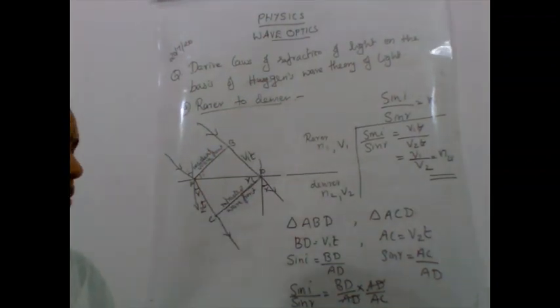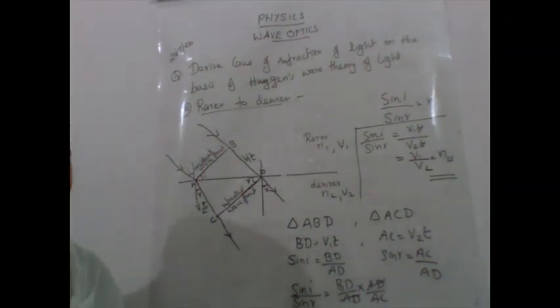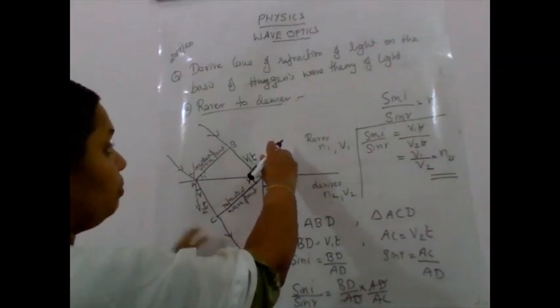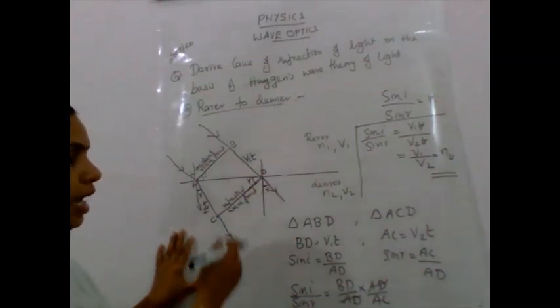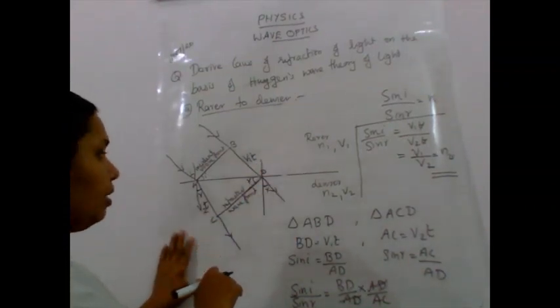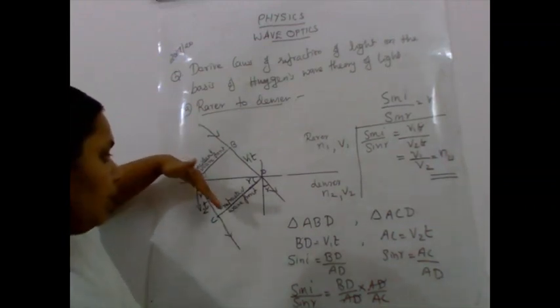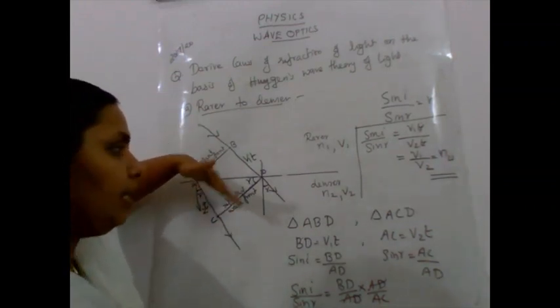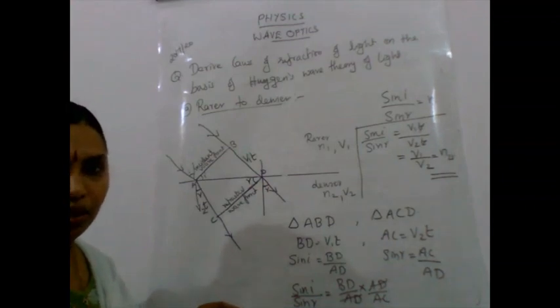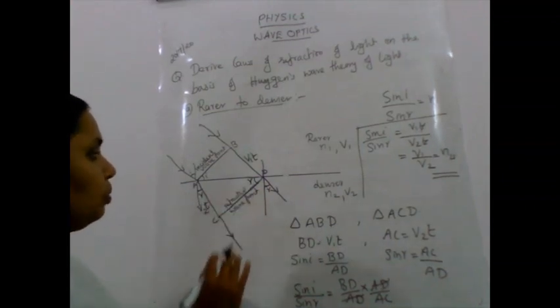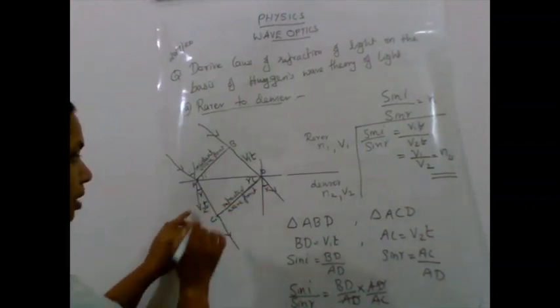Okay, so this is the case when the ray of light goes from rarer to denser. And if it is going from denser to rarer, what is happening? Going from denser to rarer, the refracted ray goes away from the normal. So only the difference is in the diagram. Instead of coming towards this, it will be going like this.